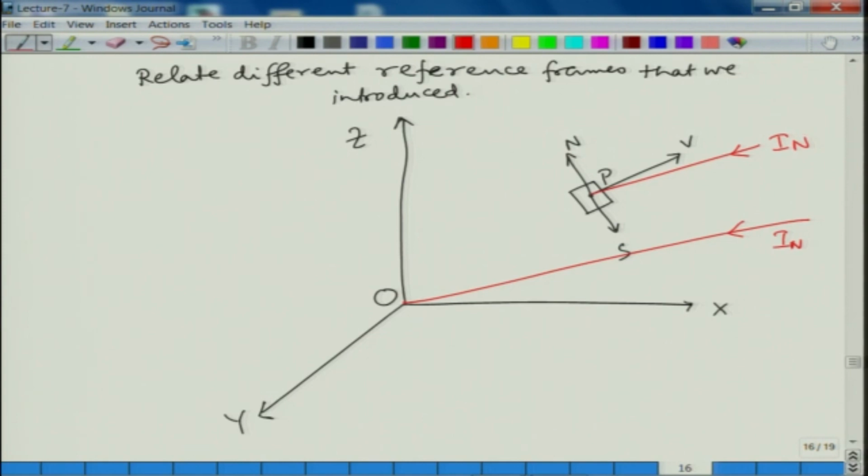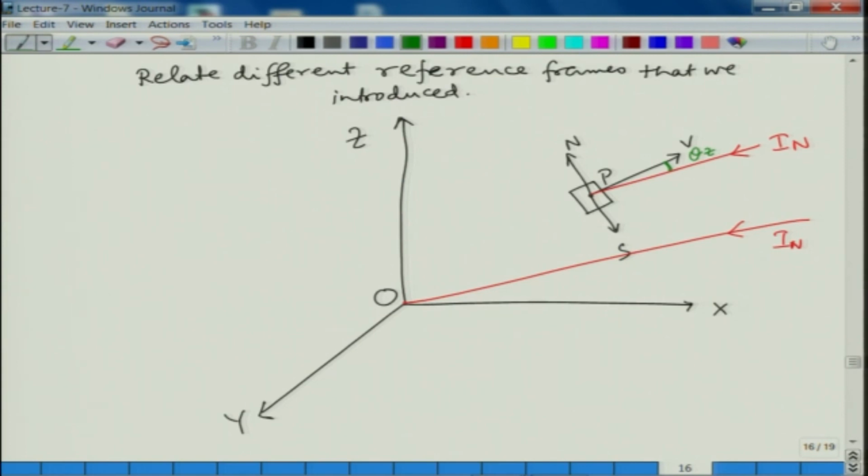Now, what we can see? We can see that there is one angle that you can readily see. This angle, that the vertical line, or rather the normal to the horizontal plane, makes with the solar radiation direction, that is our zenith angle, right.